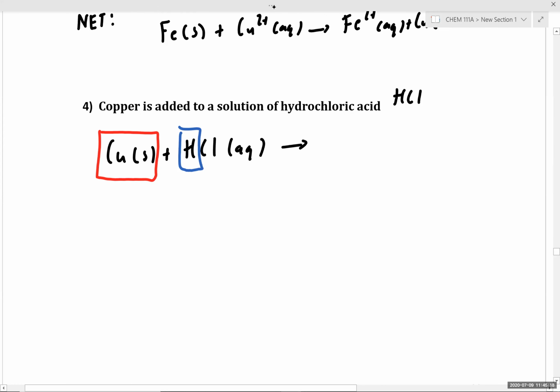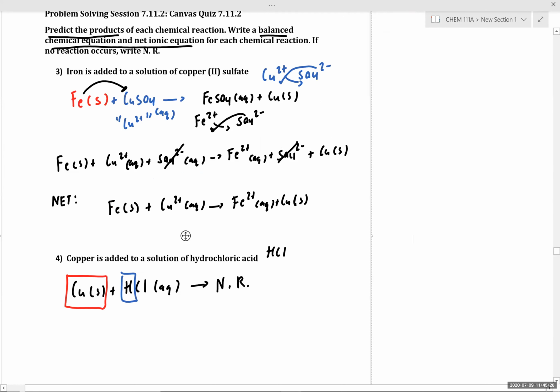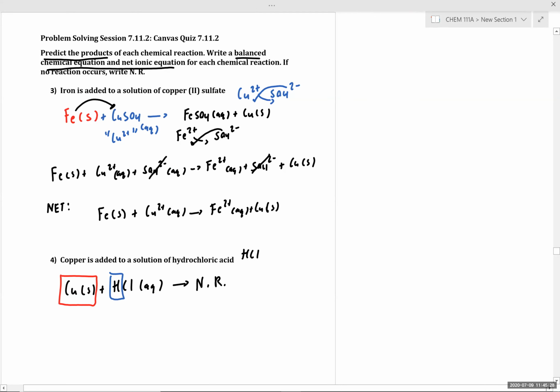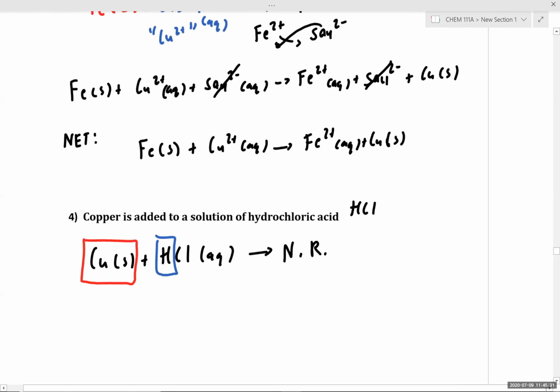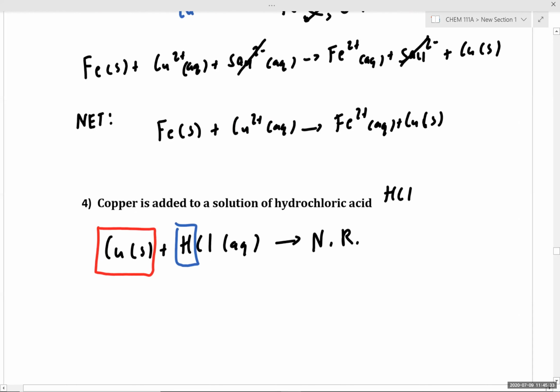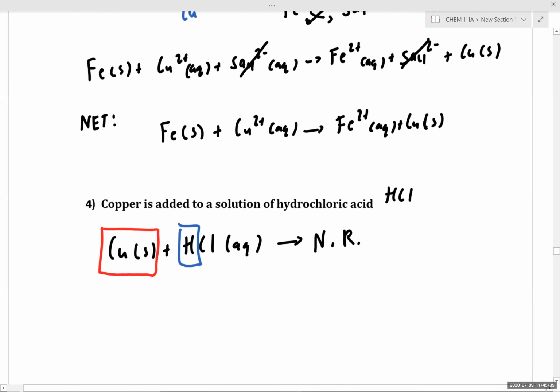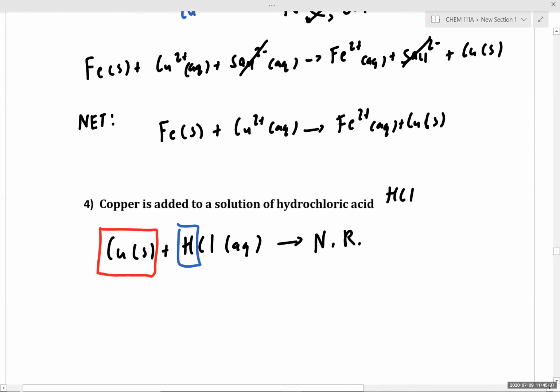So then, all we have to do is put the symbol no reaction, or NR. Does that make sense to everyone so far? Any questions on this example?